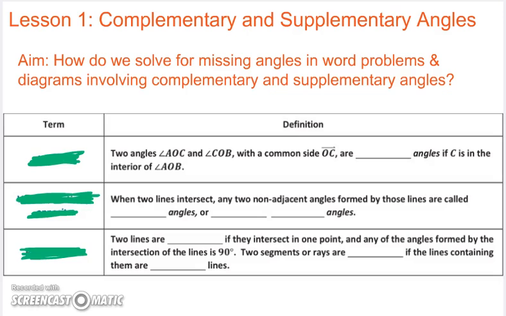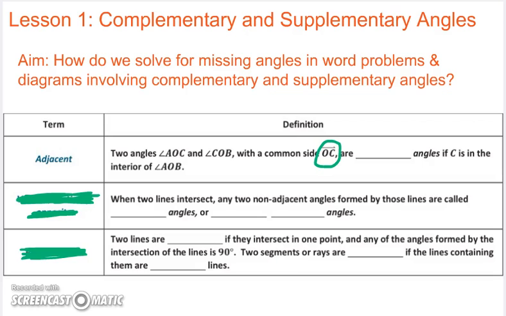Okay, so these are basically two angles that are right next to each other. You might have heard this word before, I hope. These are called adjacent angles. Adjacent angles are usually right next to each other, and they always have a common side. You can tell this because, again, it says right here the common side of OC.